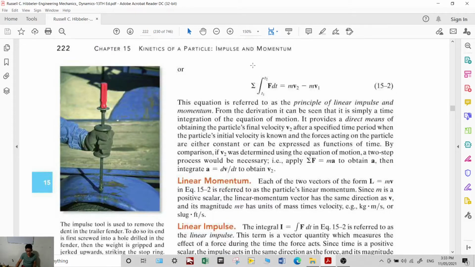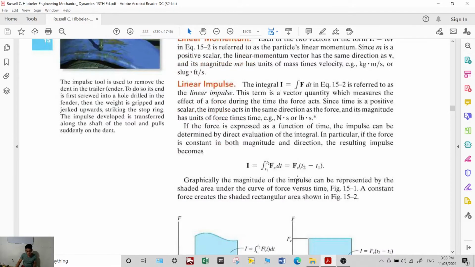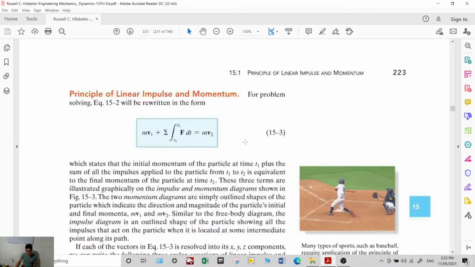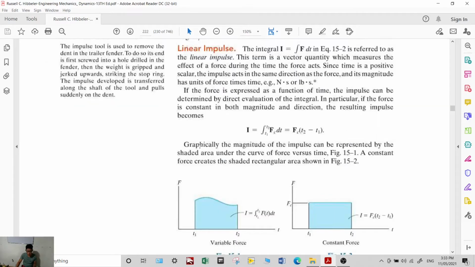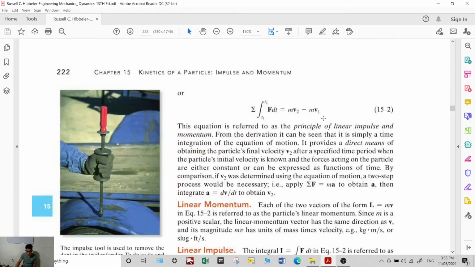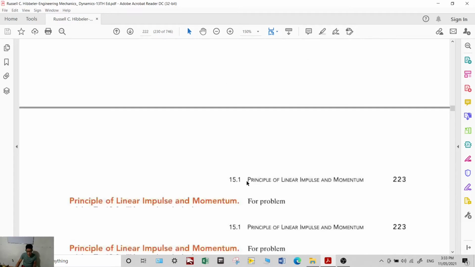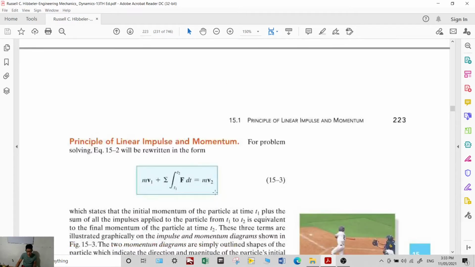So, this equation is what you call the principle of linear impulse and momentum. You just transpose this mv1 to the left side. So, it will result in this equation.